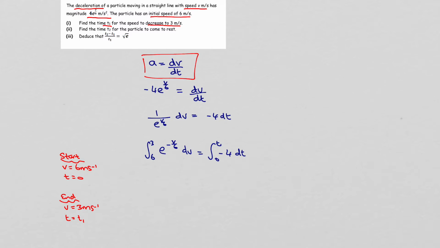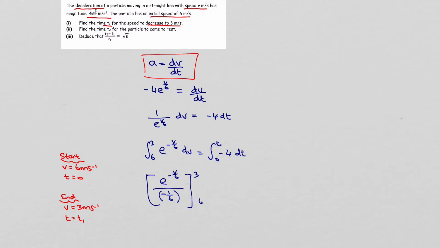If I integrate e to the power of minus v over 6 with respect to v, integrating an exponential gives e, but I must divide by the derivative of the power. If I differentiate minus v over 6, I just get minus a sixth, so I must divide by that derivative.